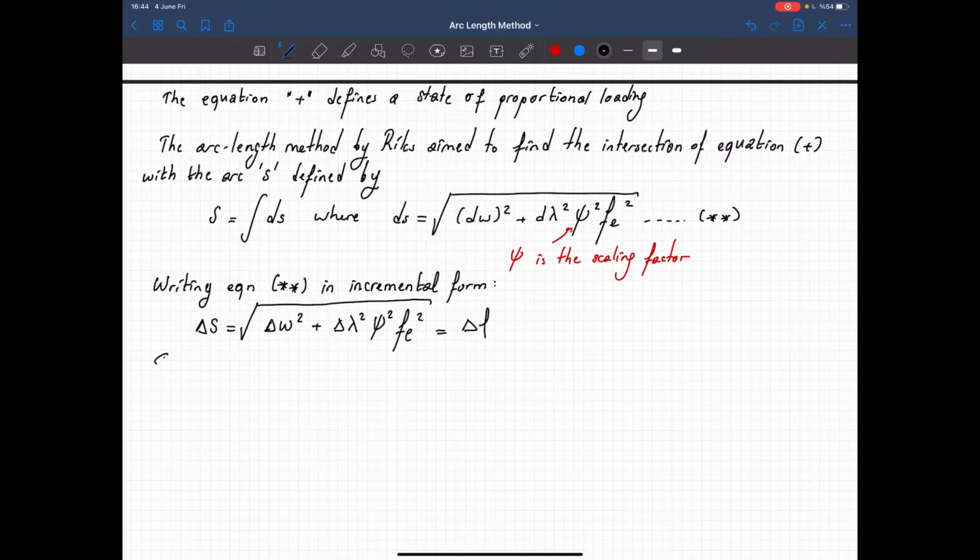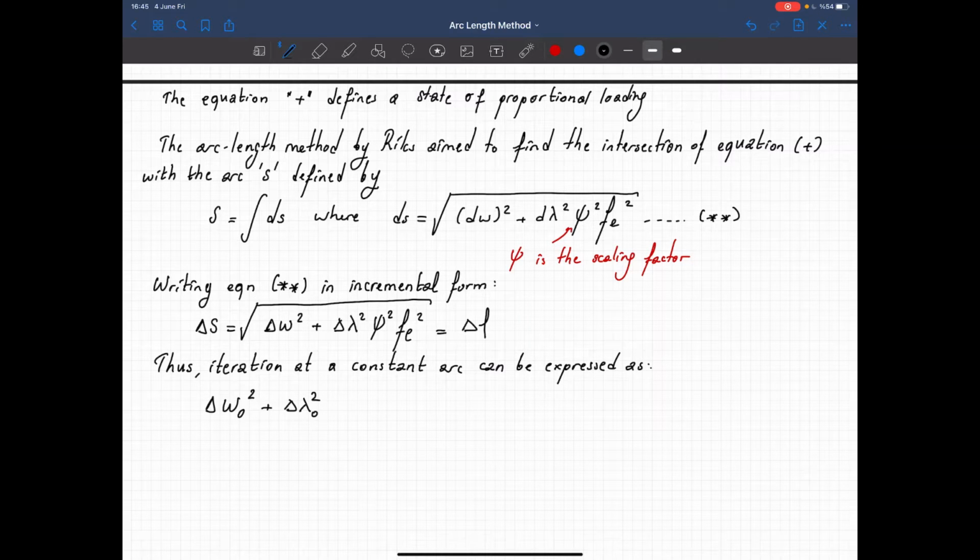Now with this approach we say that the iteration at a constant arc can be expressed as delta v0 squared plus delta lambda0 squared, so this is a particular iteration, phi squared FE squared.